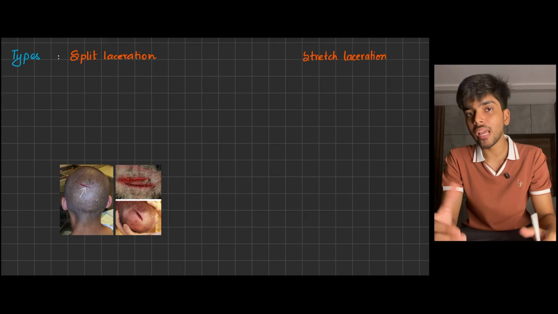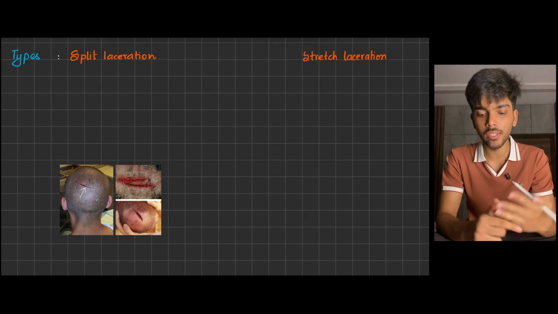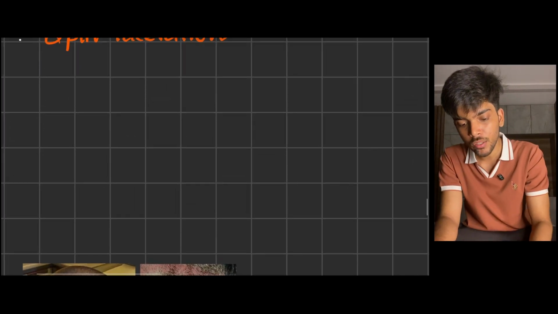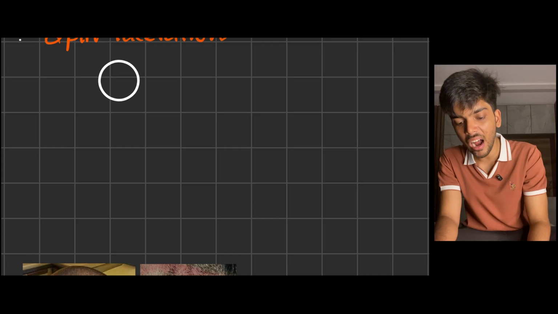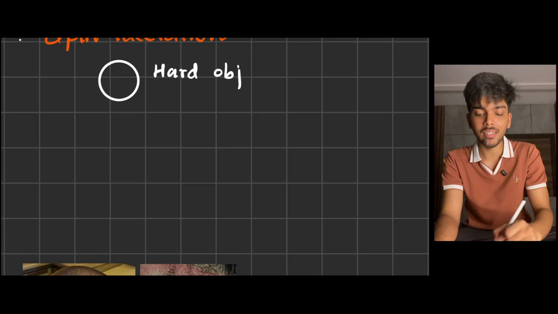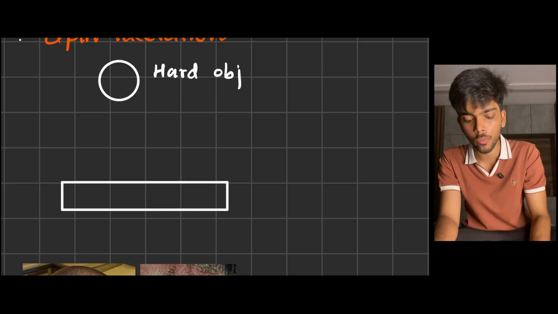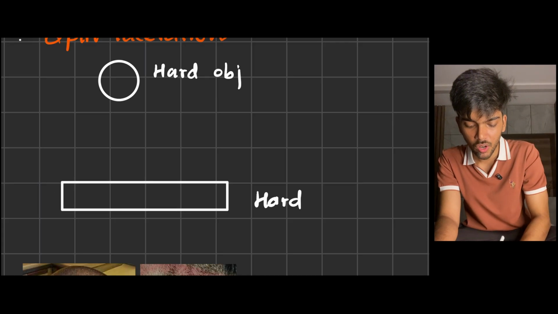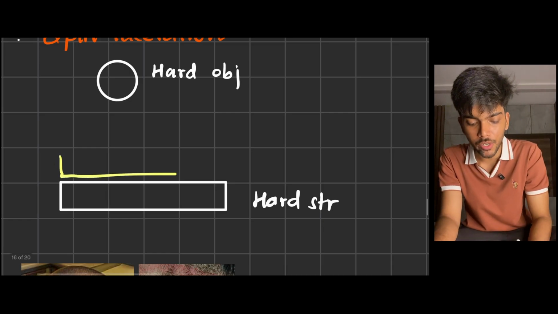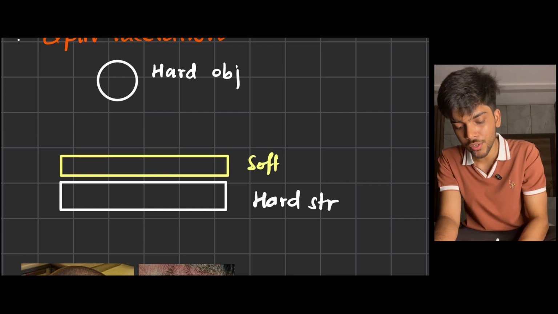Next, we have the various types of laceration. We have split laceration, stretch laceration and avulsion laceration. Under split laceration, this is what takes place. We have a hard object that is going to impart a blunt force, and then you have a hard structure of your own body. In between the two is a soft tissue, or just above the hard structure is a soft tissue.